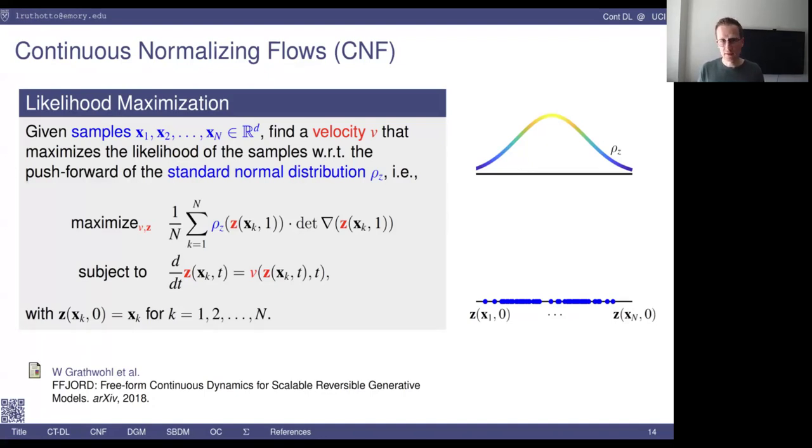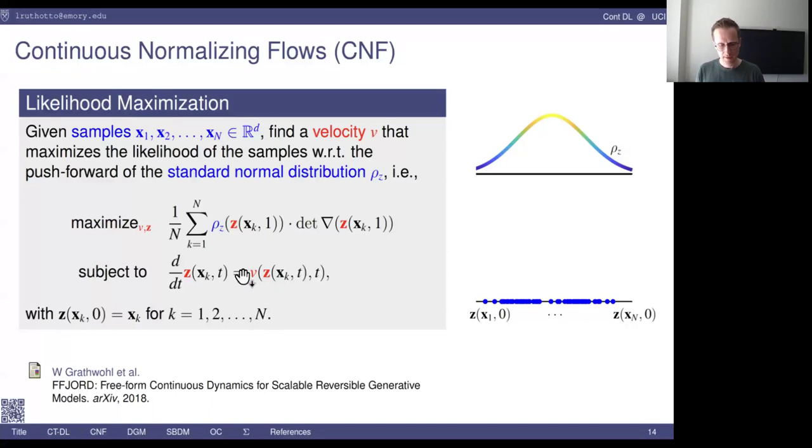An idea that's been around in image registration and other differential geometry areas, in low dimensions, is to construct this coordinate change as the flow of an ODE. You take your data point x as an initial condition, let's call it z at time 0, and set it to this x_k. Then you follow the velocity like a characteristic curve.